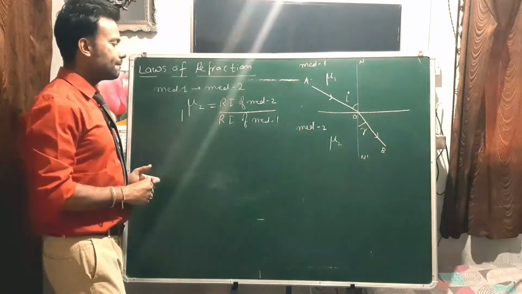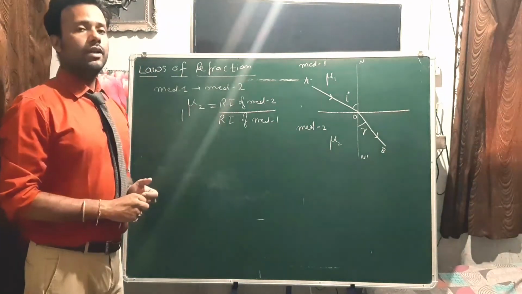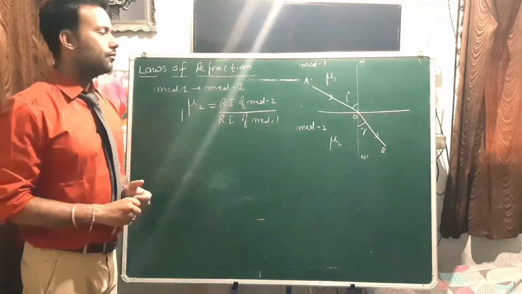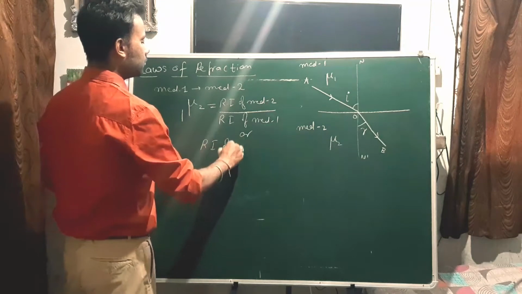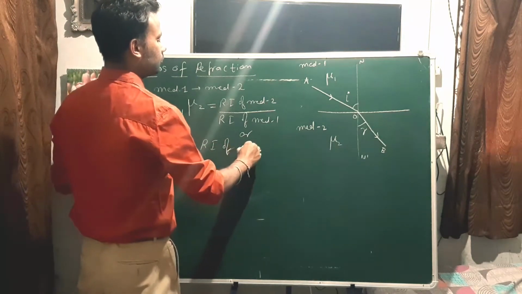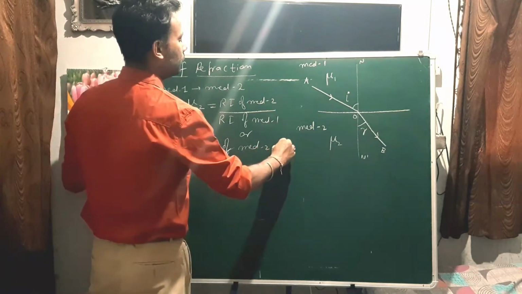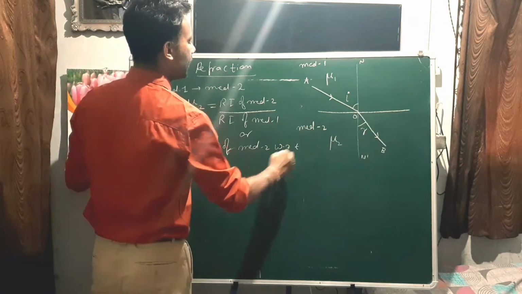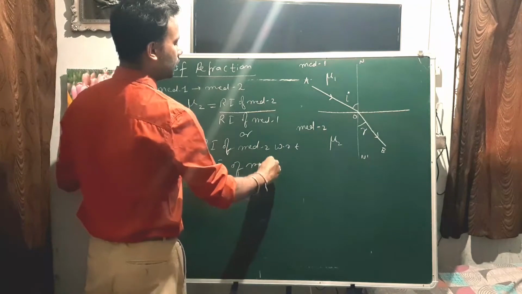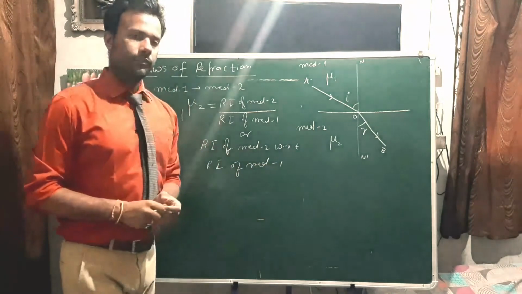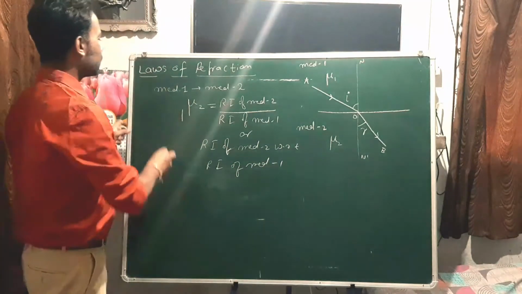We read it as the refractive index of medium 2 with respect to the refractive index of medium 1. And actually this is the constant in Snell's law.